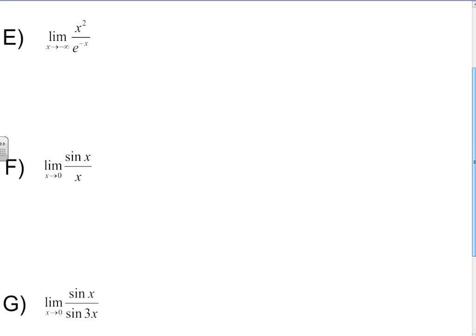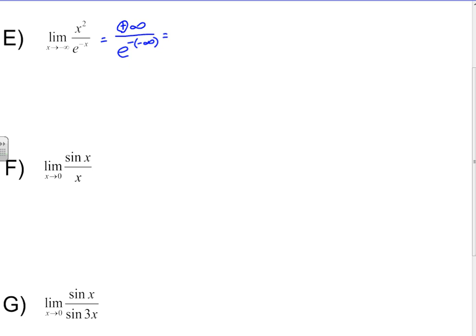Letter E. There's just some funky functions. I thought it would be good for you to see a variety of functions here. So if we take negative infinity, plug it in, this will be something very large, won't it? It'll be a positive infinity. So we've got positive large. On the bottom, I'm going to have e to the negative of negative infinity.